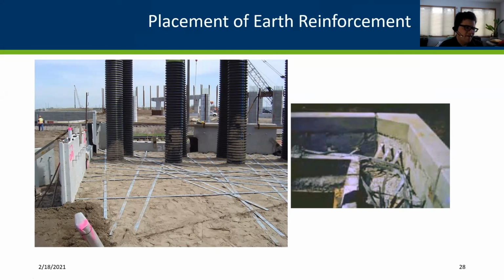And we do that a lot. So yeah, they'll drive the piling, put the casing over them, and then they'll build the wall around the casing. A good question and a good catch. I probably should have addressed that, so I appreciate that question.